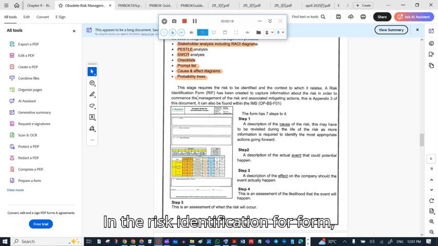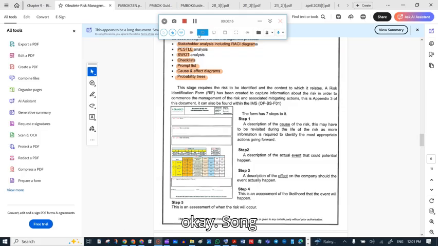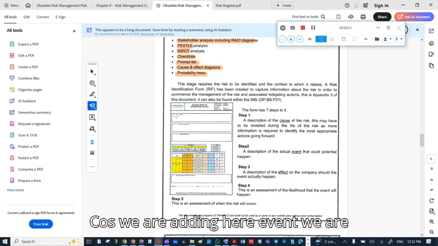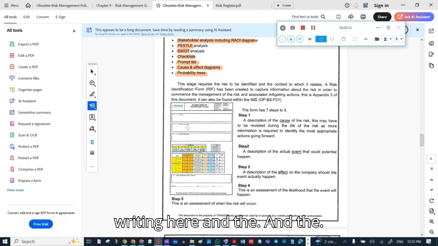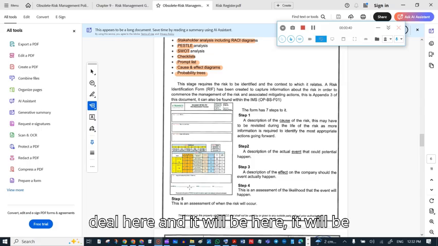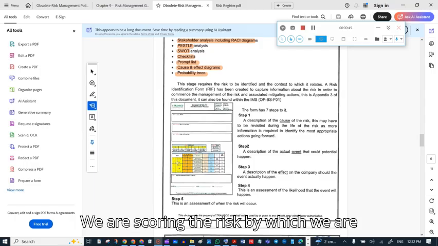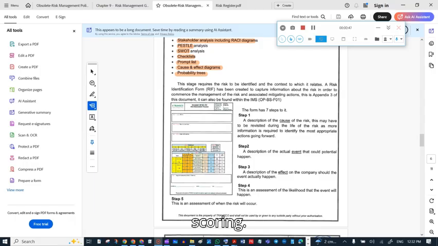In the risk identification form, we write the cause here, the event here, and the effect here. Then there are the mitigation measures, and here is the table where we score the risk.